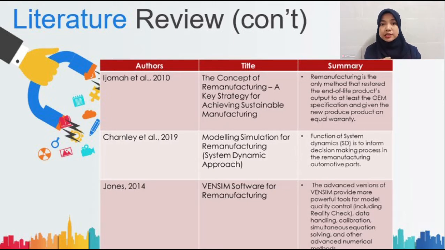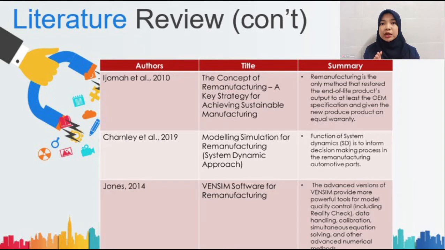Next, a system dynamics approach was used for modeling simulation of the car tire remanufacturing system model. Charlie and others 2019 reported that system dynamics is a methodology for using computer simulation software to analyze complex systems and problems over time. It involves a few steps such as drawing a loop, connecting the variables, and determining the relationship between them, direct or inverse.